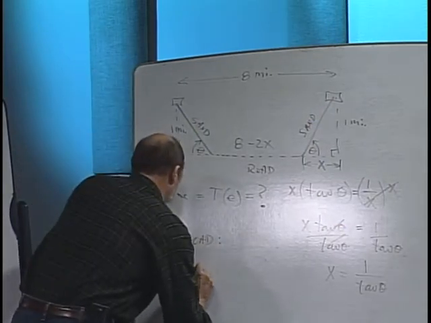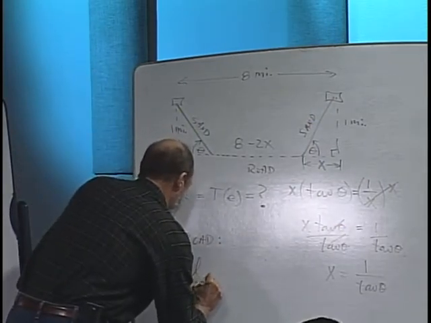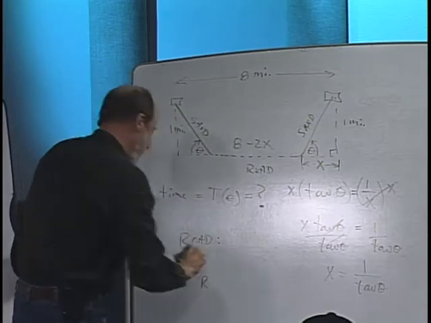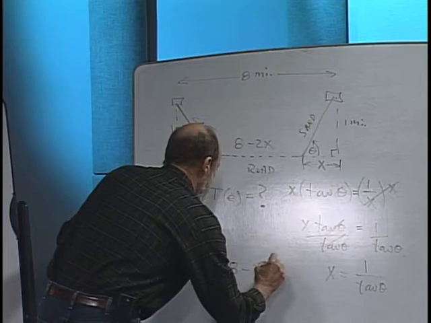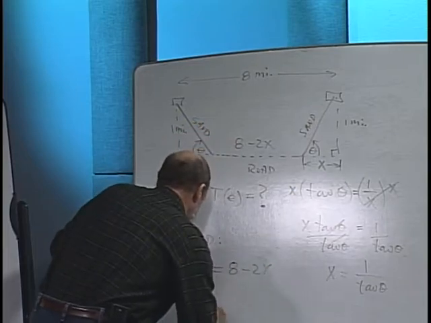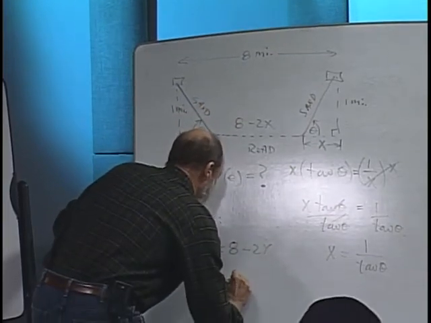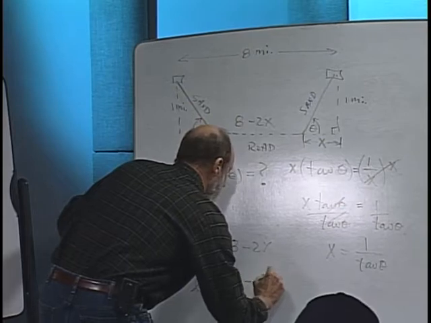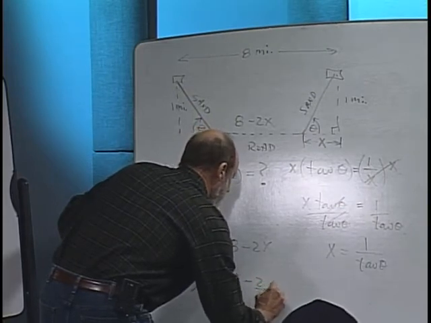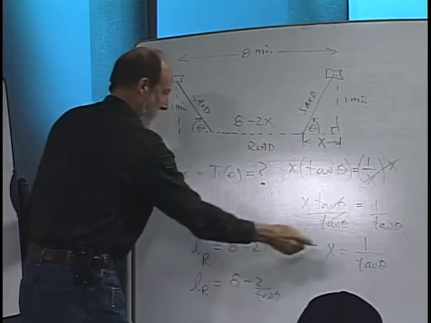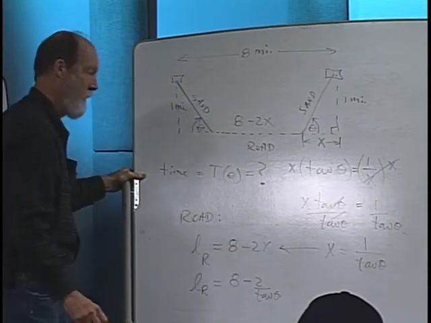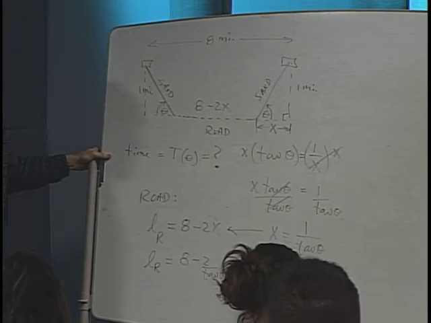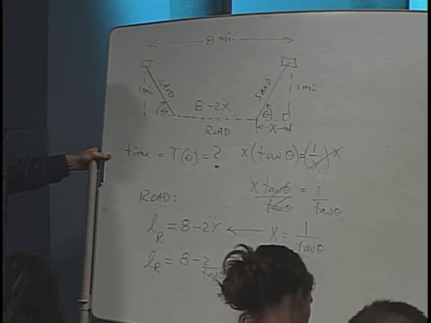So the length on the road that she has to travel, I'll call that L sub r, is going to be equal to 8 minus 2x. So the length on the road that she has to run is going to be 8 minus 2 over tangent of theta, when we put the 1 over tan theta in right here. That's the distance she has to travel.